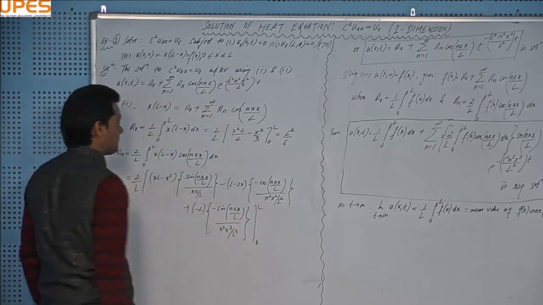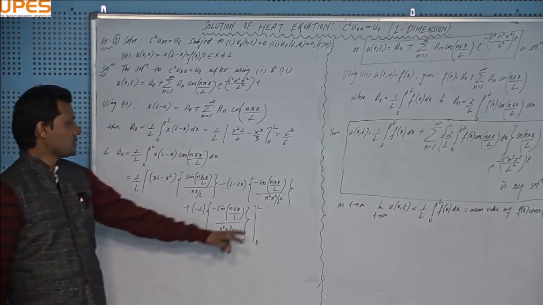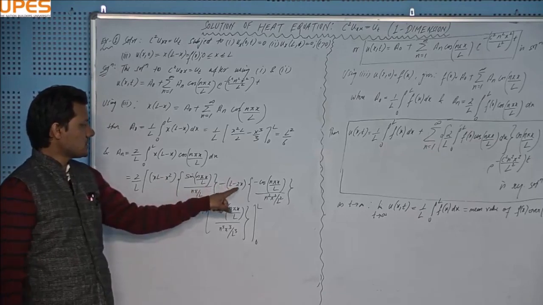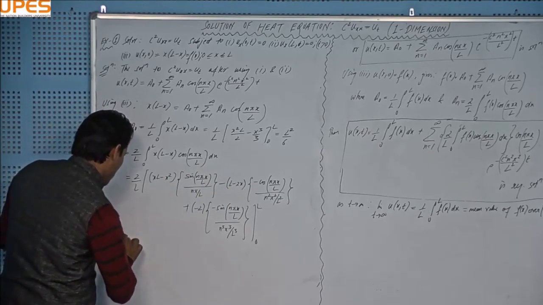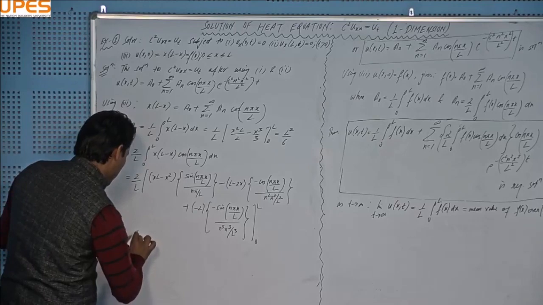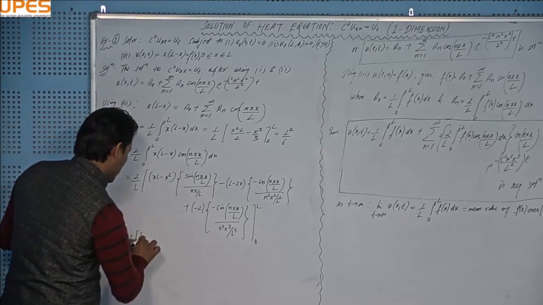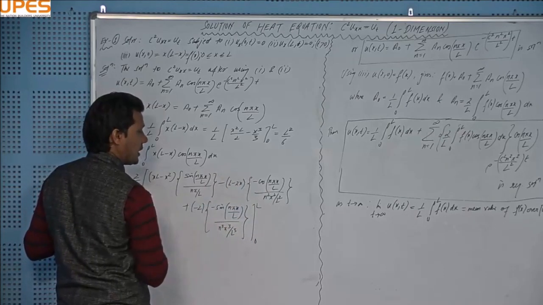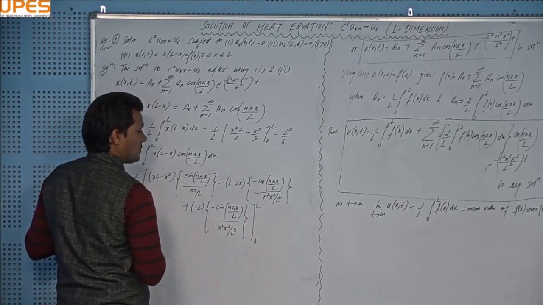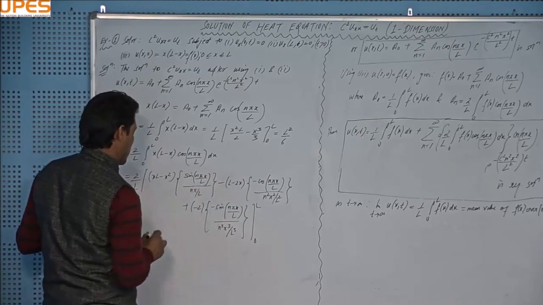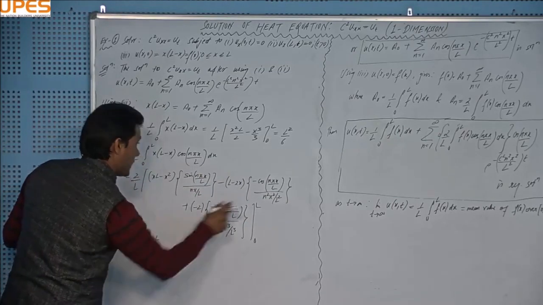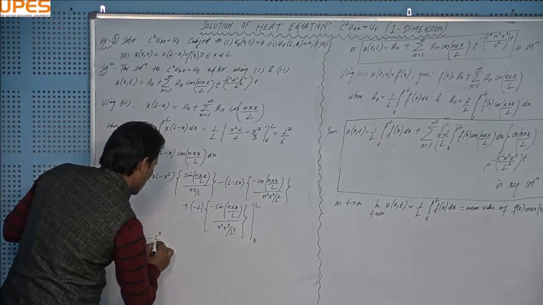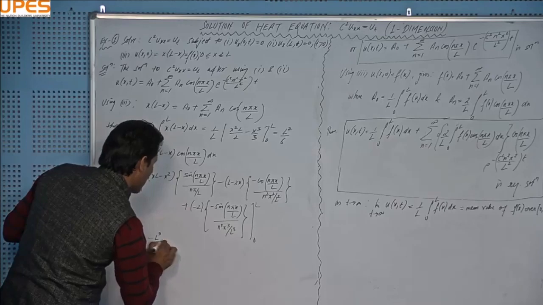Now you have to put the upper limit, and that will produce 0 here, right? And here we'll have 2/L times, this will be 0, and this will be negative of L, and that will become positive, and again that will become negative, so negative of L, and this L² will go in the numerator, L³ over n²π², if I am not wrong.